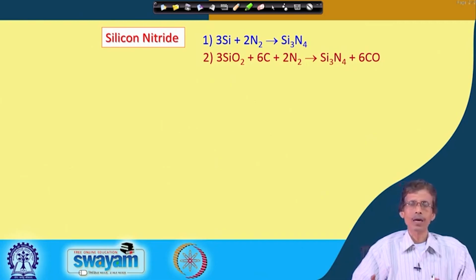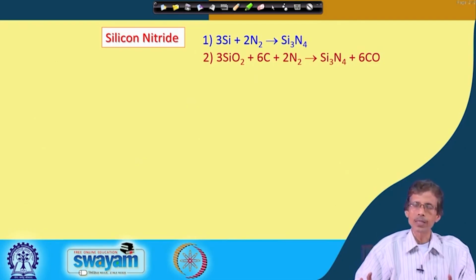Then another reaction, because we as inorganic chemists are always very interested in making the material industrially also, because what should be the starting material for those reactions, what are the products of those reactions, how we manipulate simple chemical reactions, what we have learned in our early school days. These reactions we have learned in our school days.